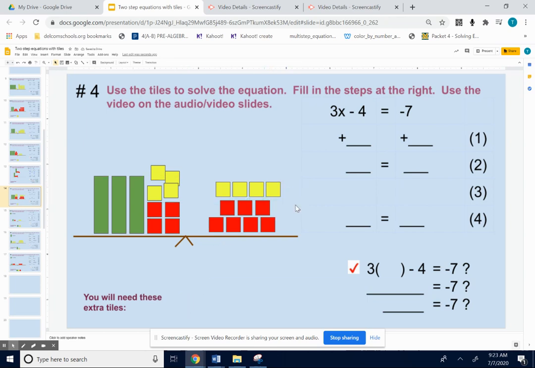Okay, go ahead and clean both sides up and then record your step 1, what you did, and step 2, type in what you have left.